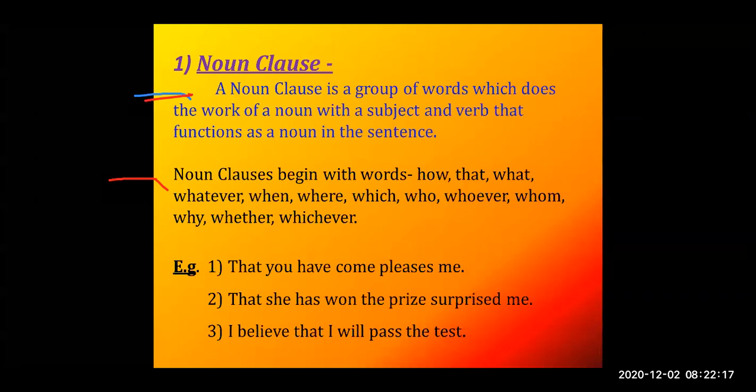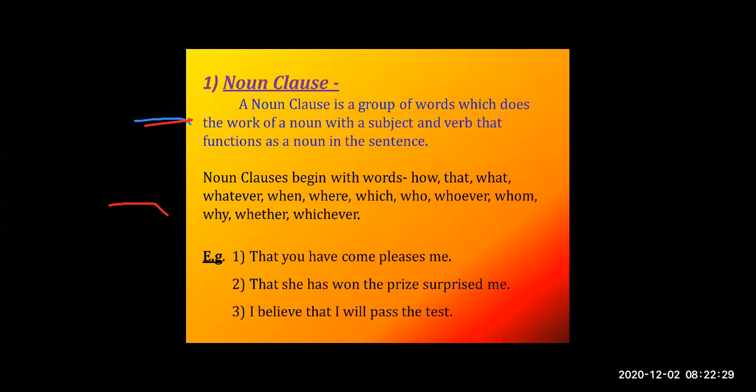So remember this, that noun clauses begin with words like how, that, what, whatever, when, where, which, who, whoever, whom, why, whether, and whichever. Now let's understand the definition by explaining the examples. I will explain the example.